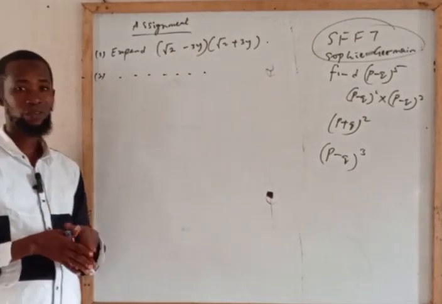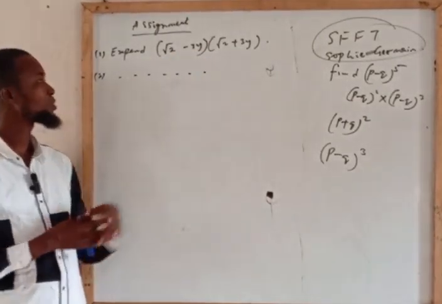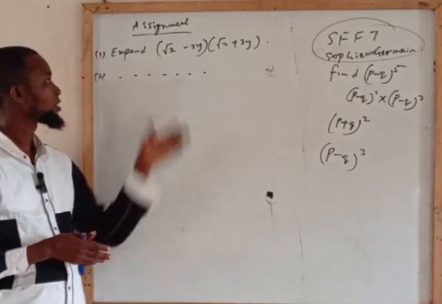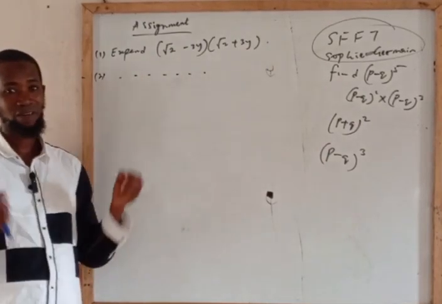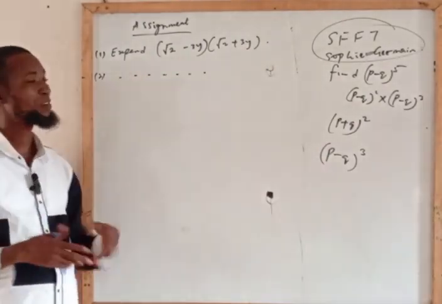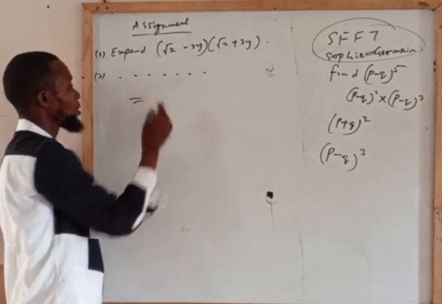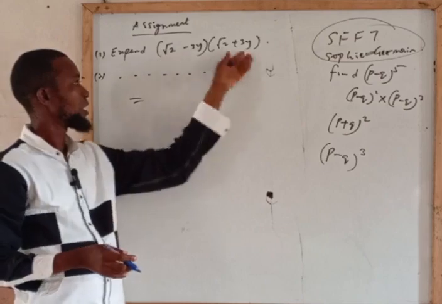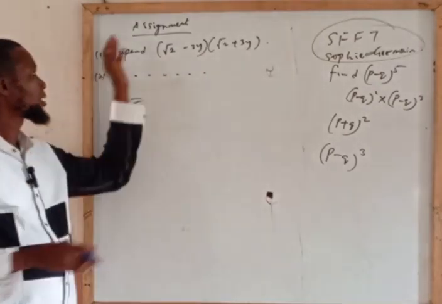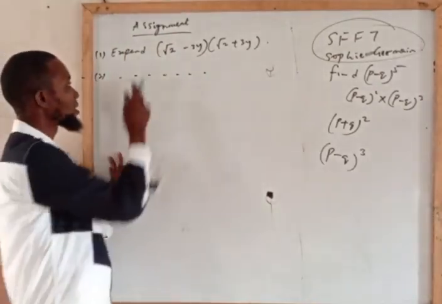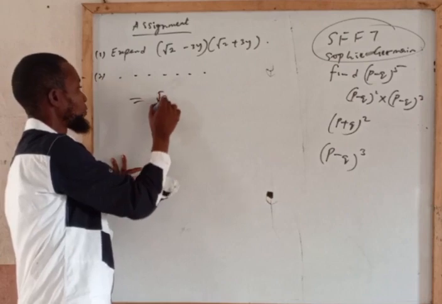We can see this one is very easy. When we observe this one, you can see it is illustrating the identity that talks about the difference of two squares. So solving this simply means I should concentrate on either of the two brackets and pick the values I have there. The first value is square root of 2.